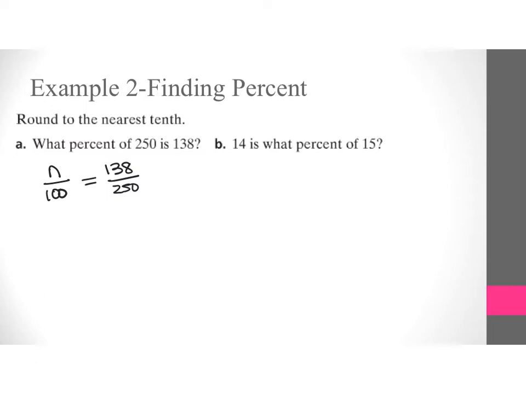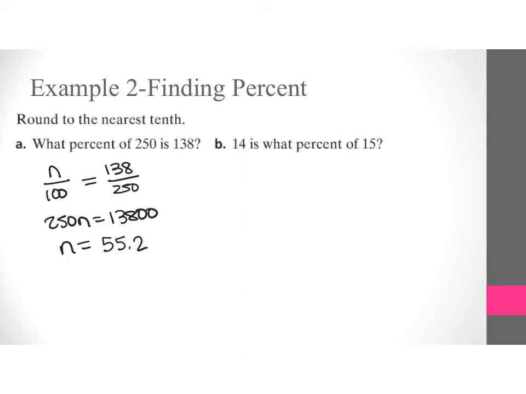So again, we cross multiply, and we have 250n equals 100 times 138 is going to give me 13,800. If I divide both sides by 250, n equals 55.2. So if you took 55.2 divided by 100, you'd get 55.2%, which is exactly what 138 divided by 250 is.